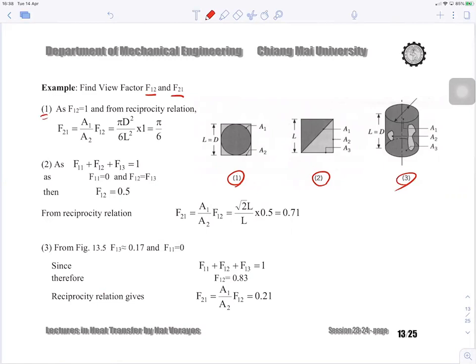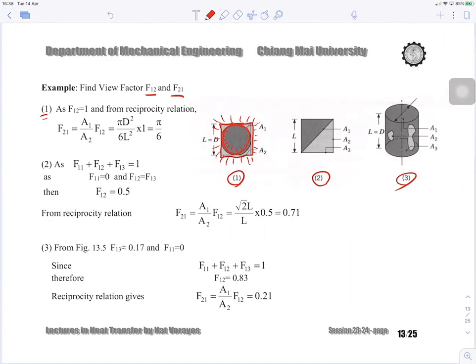Surface 1 is the outer surface of the circle. Okay. And surface 2 is the inner surface of this rectangle. Okay, the diameter of the circle is d, and the dimension of the rectangle is d, as I show you there.